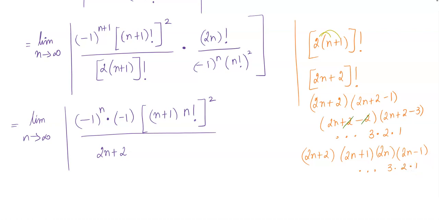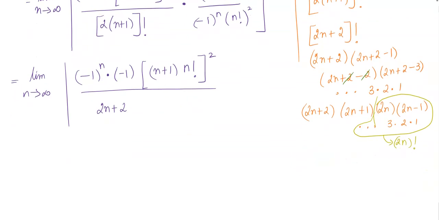But then we can see that this whole thing here is 2n factorial, right? Because that's 2n times 2n minus 1 times 2n minus 2 and so on. So use that same idea, but we're expanding it for a couple more steps. So it's 2n plus 2 times 2n plus 1 times 2n factorial.